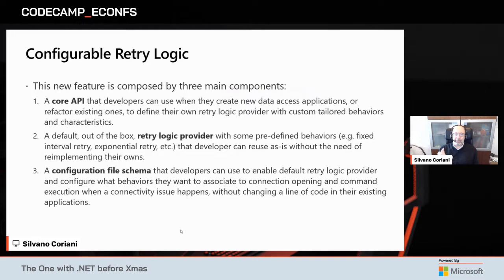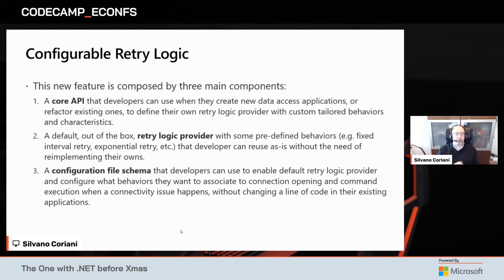So basically, this configurable retry logic is made of three main components. There's a core API that application developers can rely on, can use, or can build their own retry logic providers against if they want to do something very special, right? And those behaviors that we have baked into the client driver are not enough for their reasons.